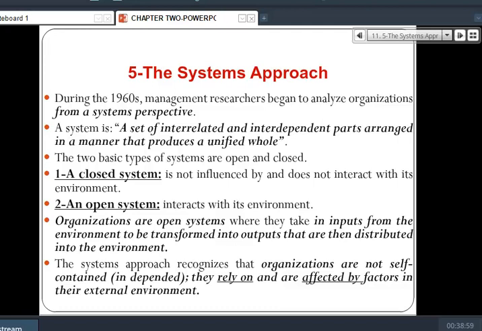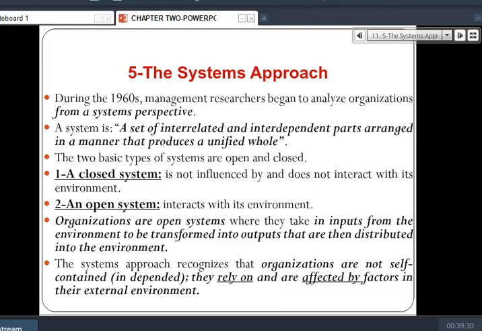So we have many elements which are independent and at the same time correlated and integrated. All these elements work together in a unified way to produce the final outcome, which is the product.